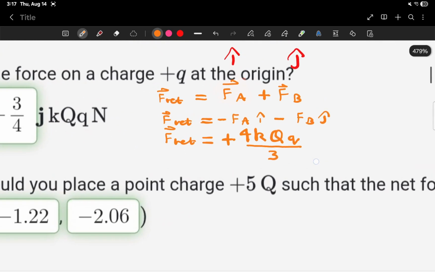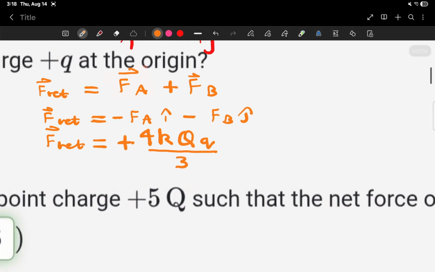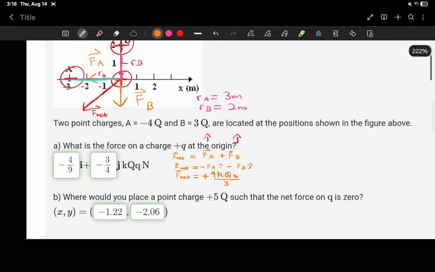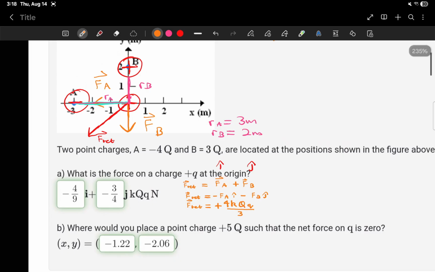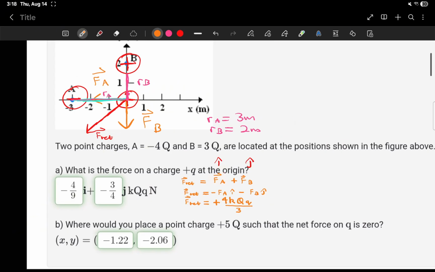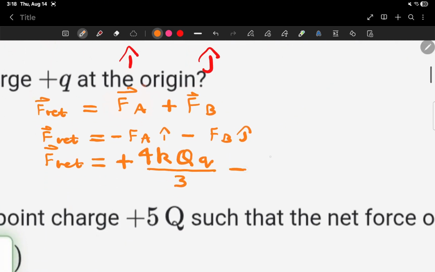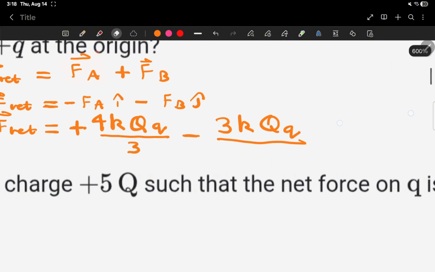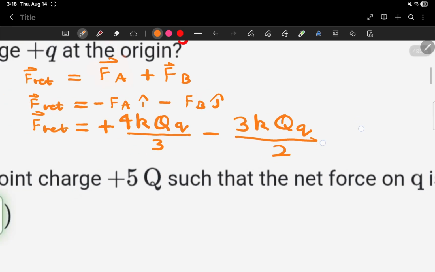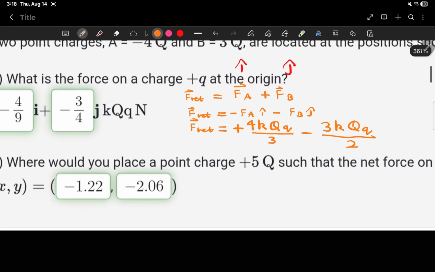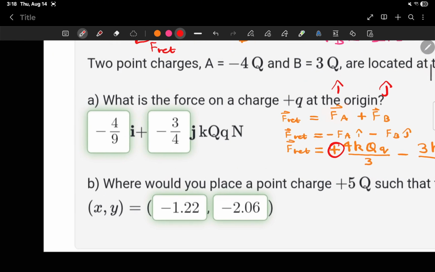And my charge B is positive 3Q, so that's going to be negative, and then 3 big Q small q from the charge at the origin divided by R_B, which is 2 meters, I believe. Yes, so 2. Now this would be the answer, except that I have a positive sign here where I should be having a negative sign.